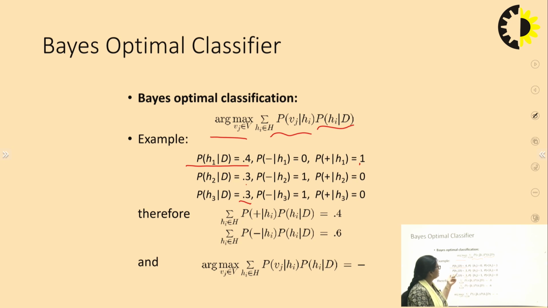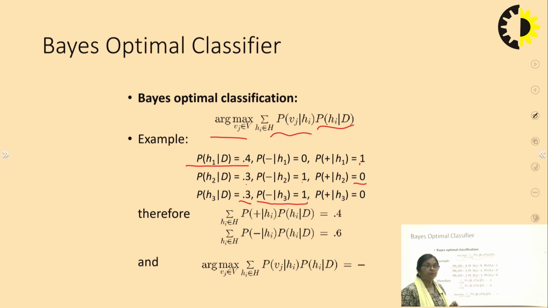The second hypothesis posterior is 0.3, and it says that it belongs to the negative class, not the class taken by H1. So the probability of positive class is 0, and the probability of negative class is 1.